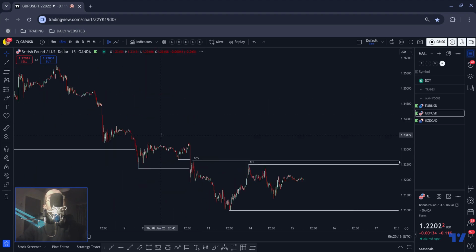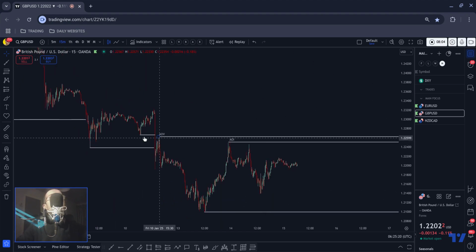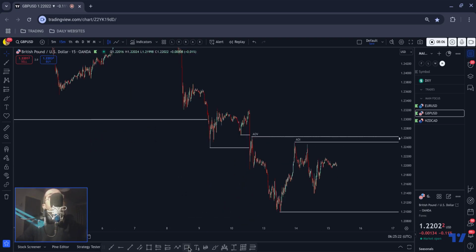Now, why is that relevant? Well, if you look here, we had this volume here. Notice that this is sharp for one. That implies that there might be volume there. We also narrowly missed, as with euro dollar on the flip side, this low here.